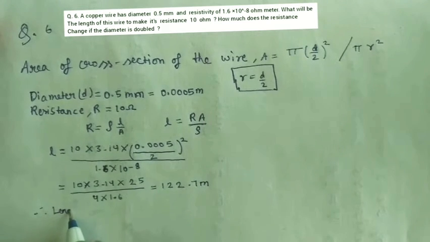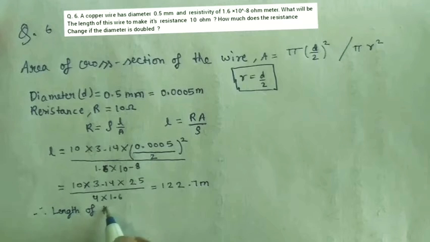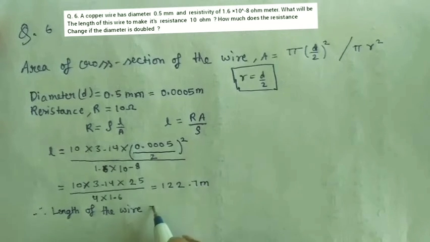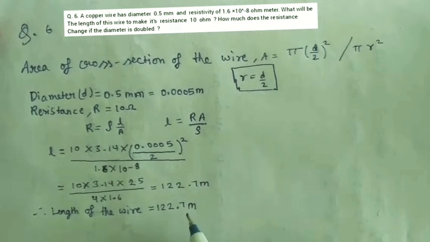Therefore, the length of the wire is equal to 122.7 meter.